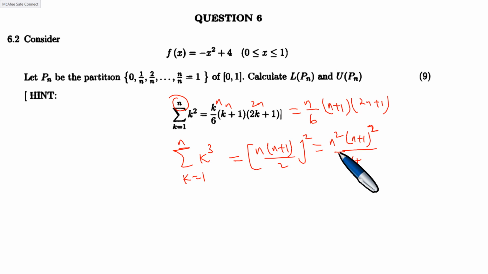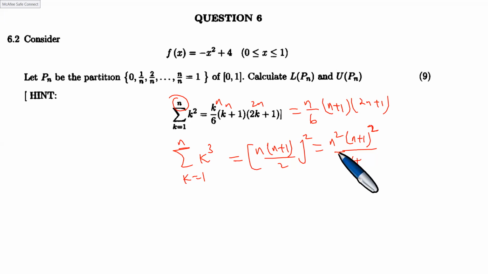And then what about the sum of the natural numbers? The sum of integers, the sum of the n integers. Right, we did that one. And so we can always have that one.